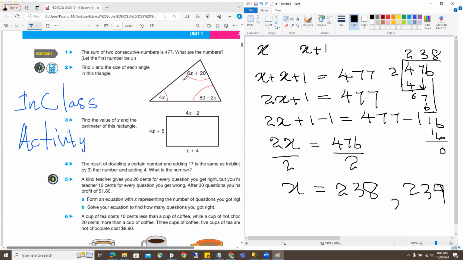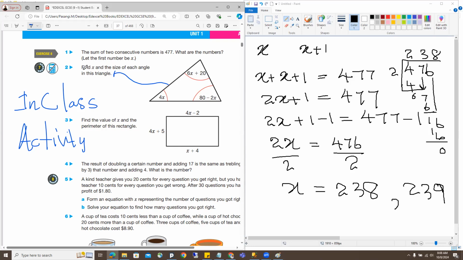I mean, this triangle is not needed for that. Okay, now I got it. This triangle belongs to the second question. I got confused, Miss, because it says find x and the size of each angle in the triangle.